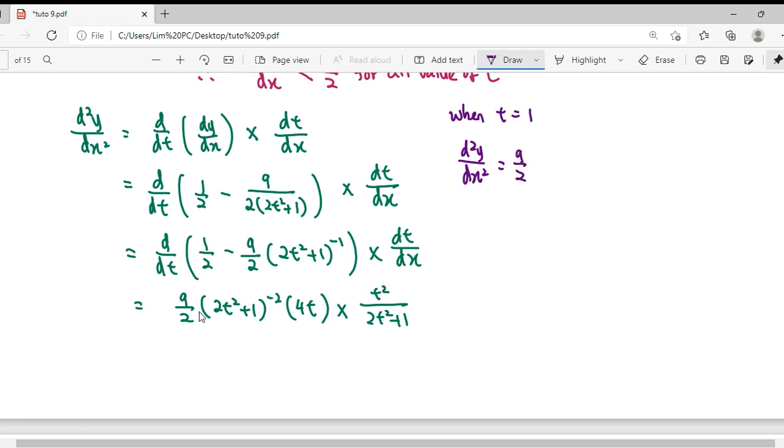What we want is our value. So substitute 1 squared, this is 3. Substitute 1 here, it will be 4. Then 1 squared is 1, 2 times 1 squared here is 2, 3. So press your calculator. We will get 2 over 3.